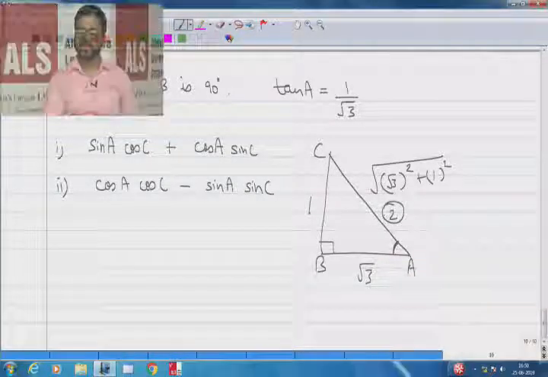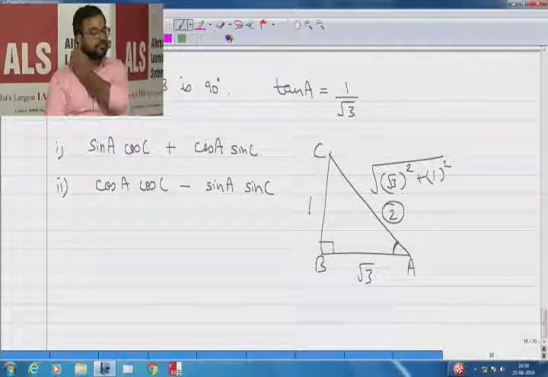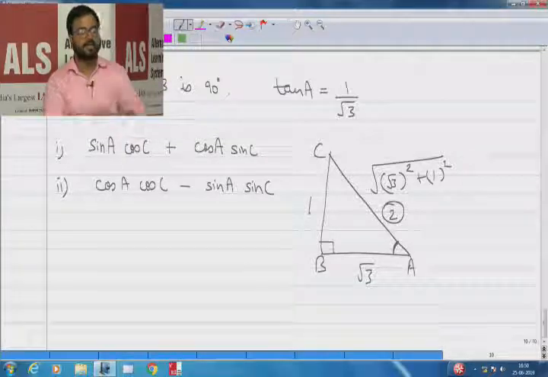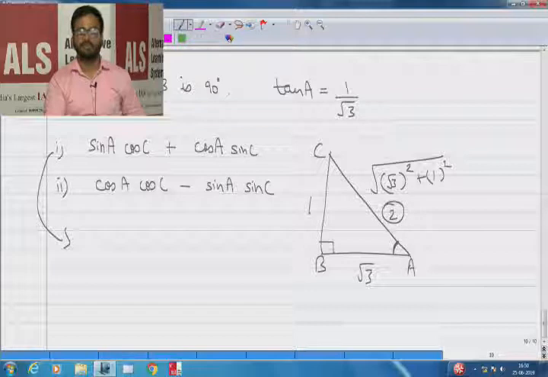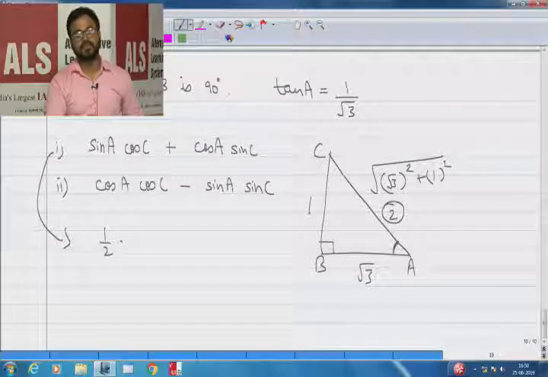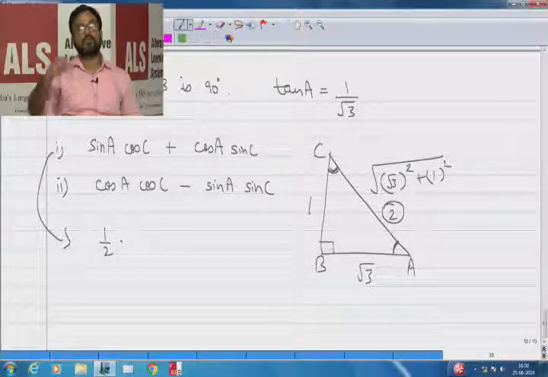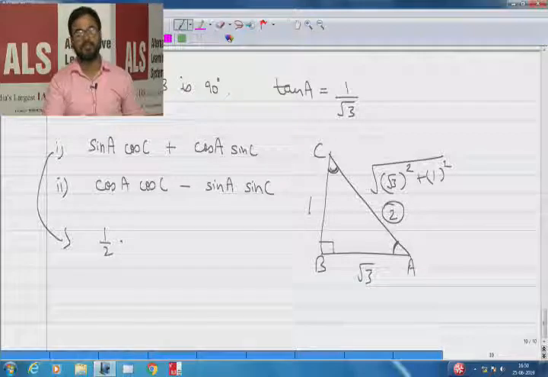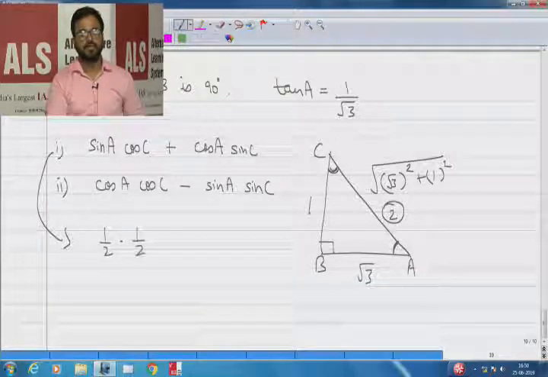Now you can find any values. Substituting, I am doing the first one. Sine of A is perpendicular upon hypotenuse, so 1 by 2, cos of C. Now make sure that cos of C is from considering this angle, so base upon hypotenuse. This time 1 is the base, hypotenuse is 2, so that is also 1 by 2.